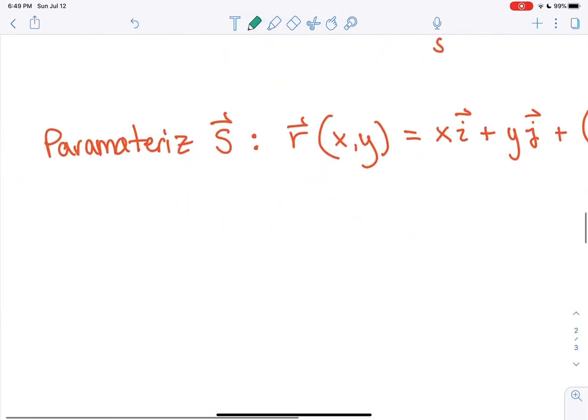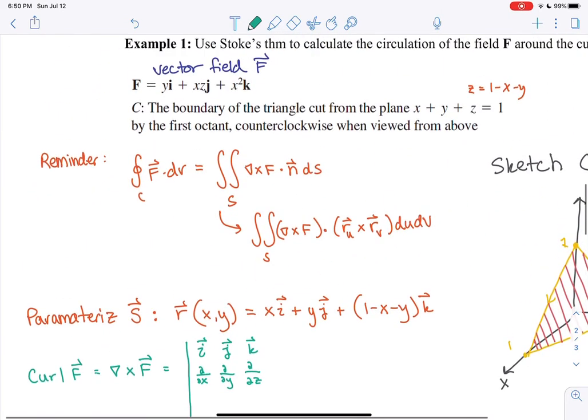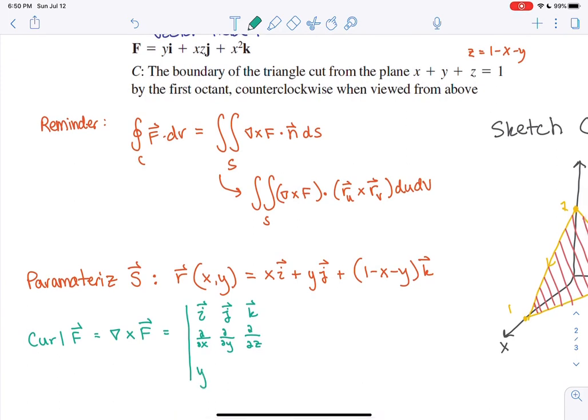So let's find the curl of F, which we remember is equal to del crossed F. In this case it's i, j, k, with partial x, partial y, partial z, and then what are the components of our vector field? It's y, xz, and x squared. Let's evaluate this matrix real quick.